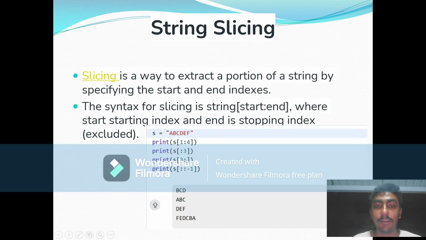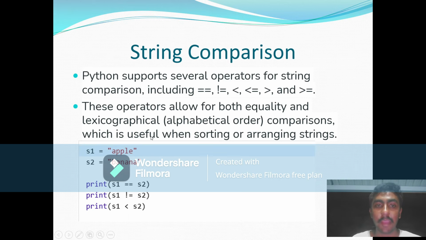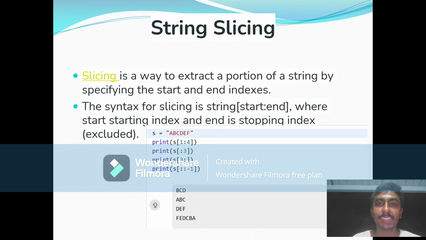So by default, the end value is considered the last character in the string. So this starts from index 3, which is D, and goes till F. So D, E, F is printed. And if we have two colons and then a third value, that is called the step value. If we have the step value -1, Python prints all the string characters in reverse order. I hope you understood string slicing.